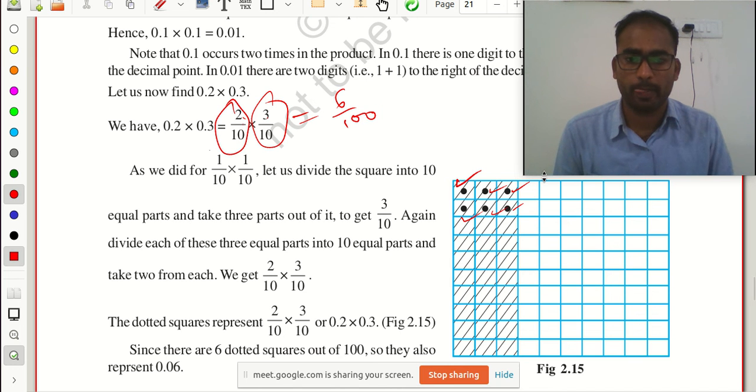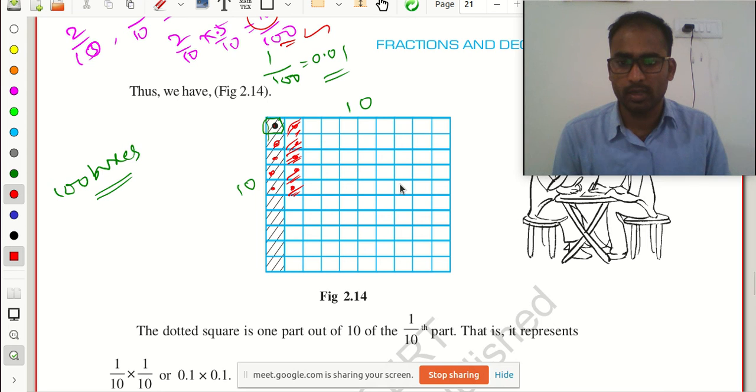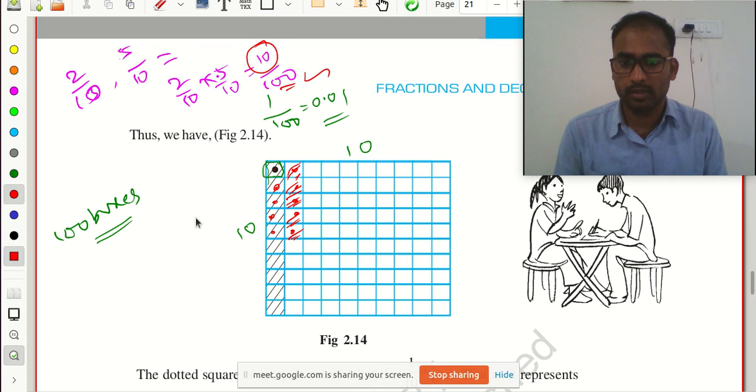That is 2 rows and 3 columns. Here we made a mistake: it is 2 rows and 5 columns. 1, 2, 3, 4, 5. This is the way. Clear?